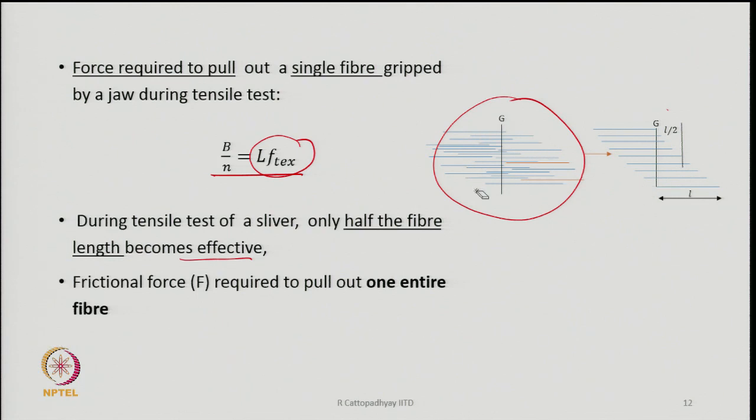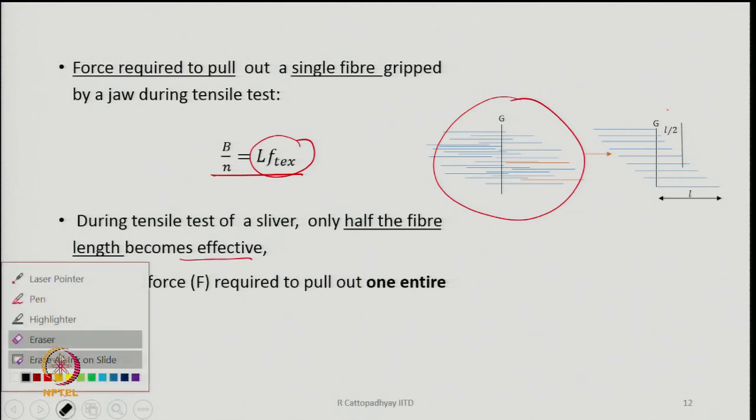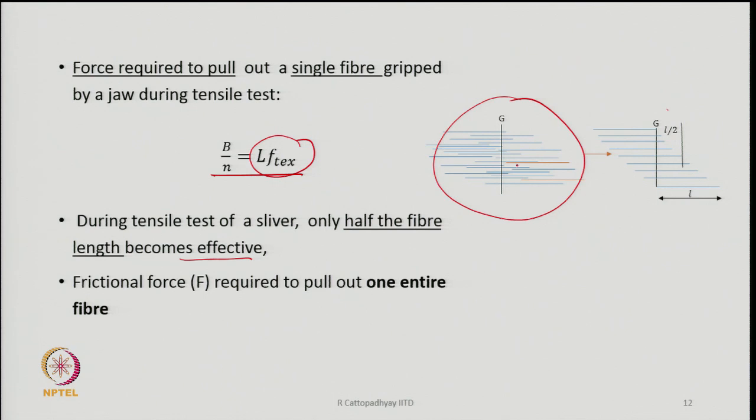This is after the sliver has broken. These are the fibers gripped by the gripping line of the jaw at the point G, and these are the fibers which are projecting out on the right hand side. Now, if I arrange these fibers in order of decreasing length, then we get a picture like this.